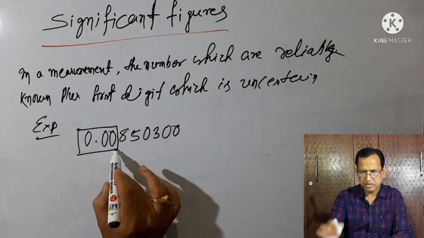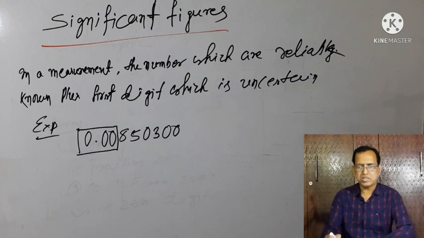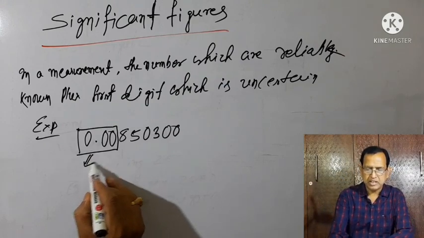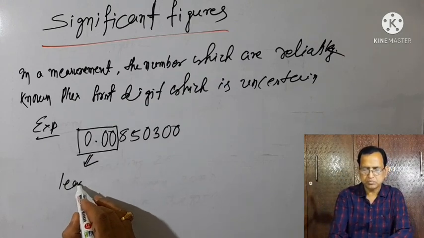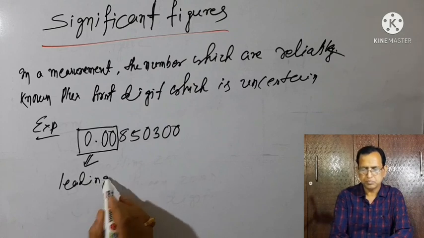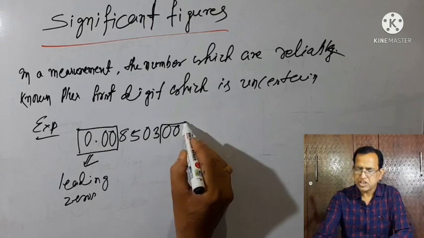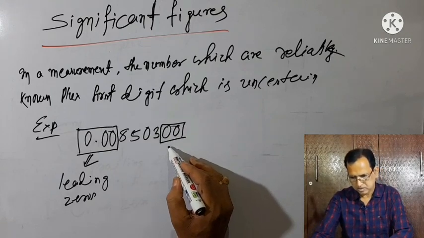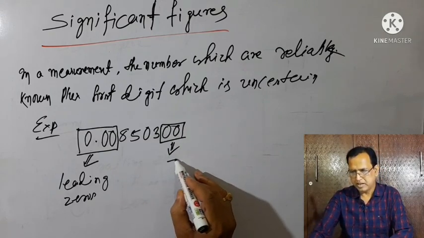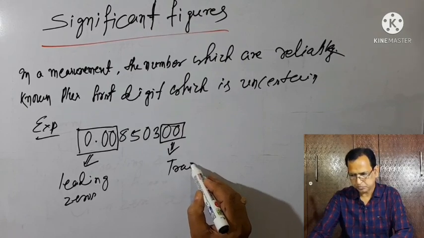These three zeros are leading zeros. These two are trailing zeros.